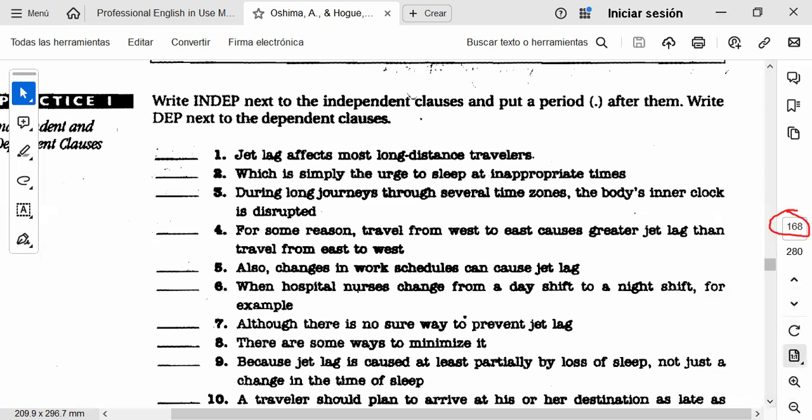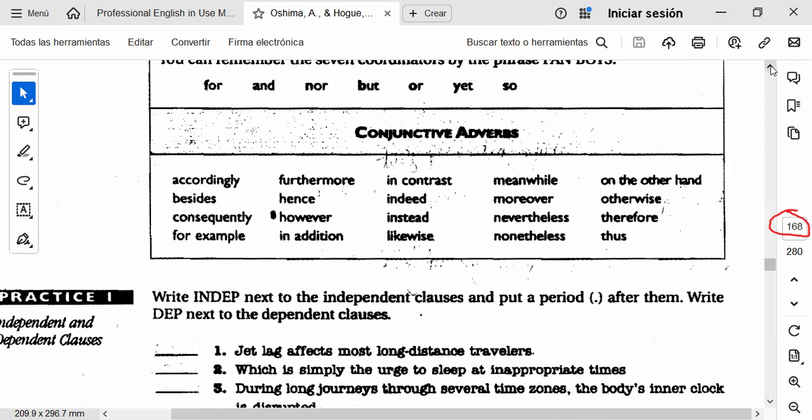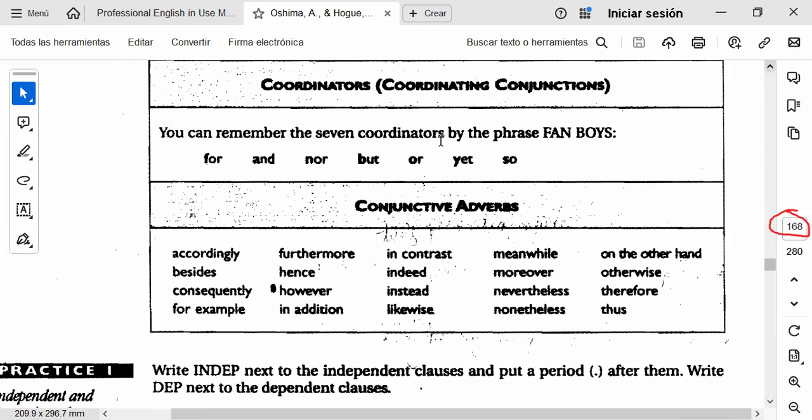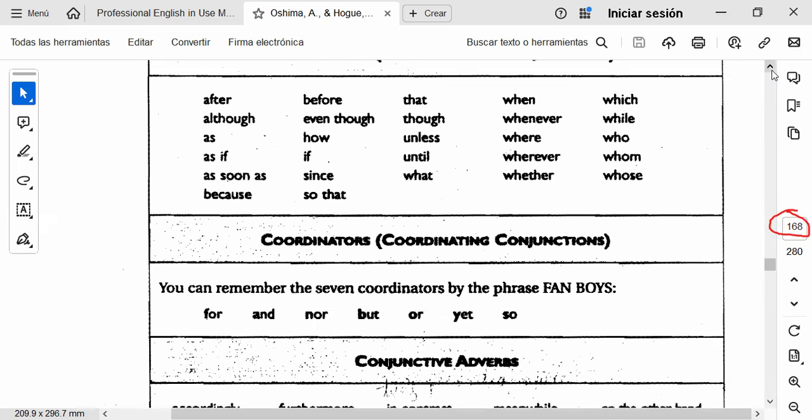Dependent. Independent, I think. Independent. We have here a connector, yes. For some reason, yes. There it is. Coordinator, or no? It's not dependent.